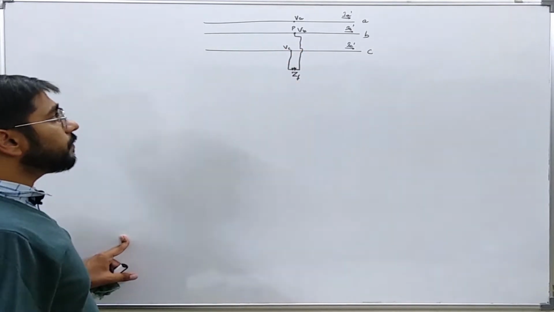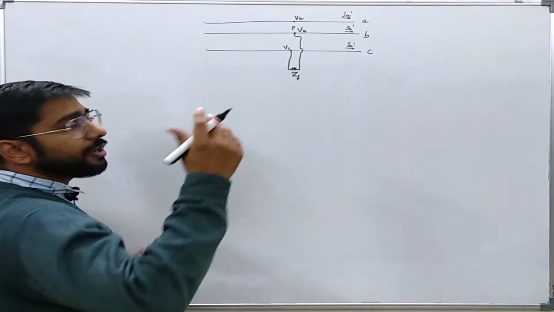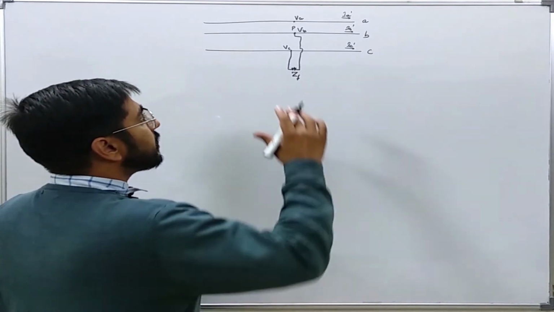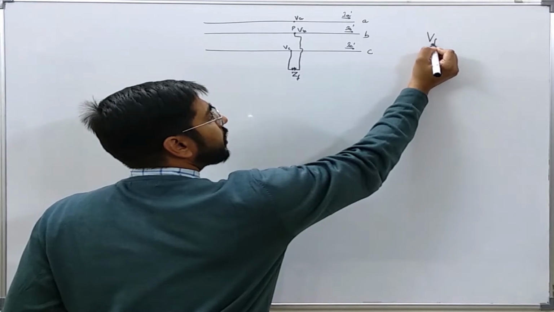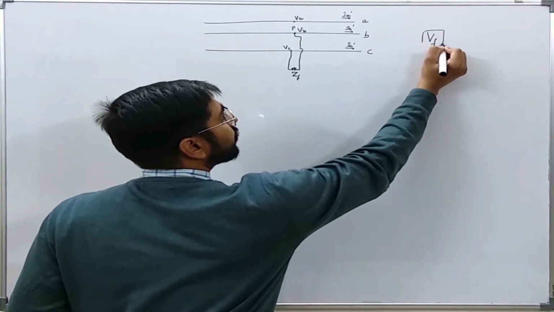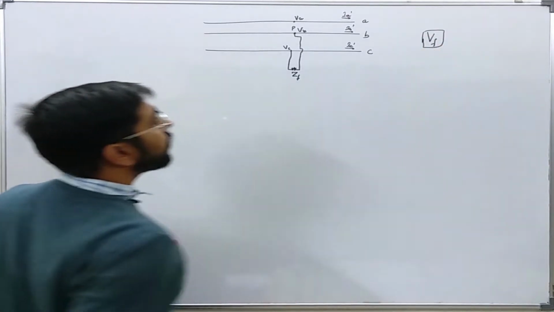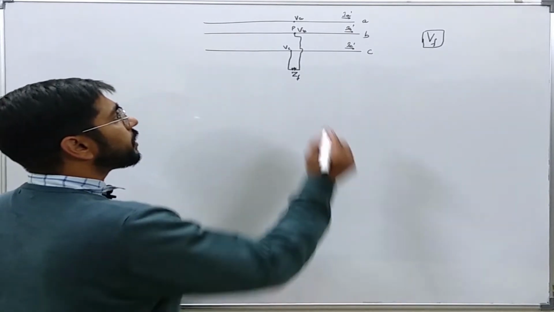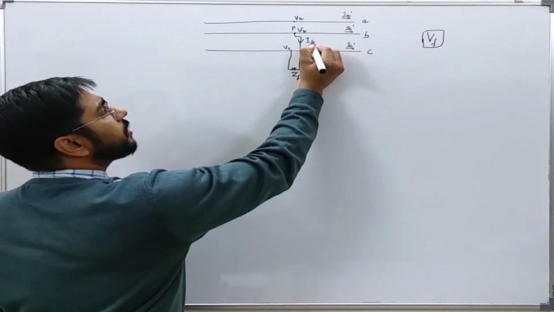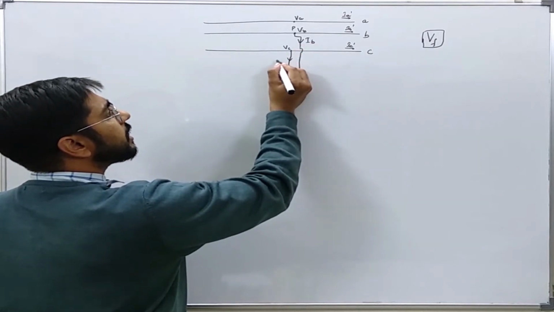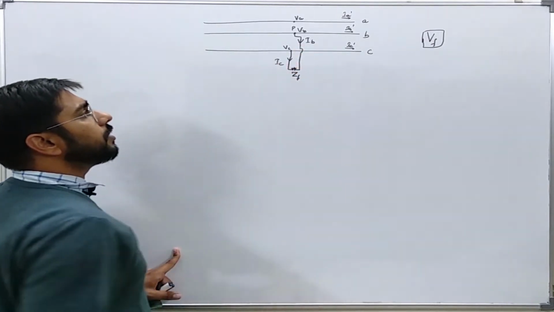Now initially we are also assuming that the pre-fault voltage with respect to neutral is VF. Now let us say this is current IB which is flowing into the fault, and this is current IC which is flowing into the fault.